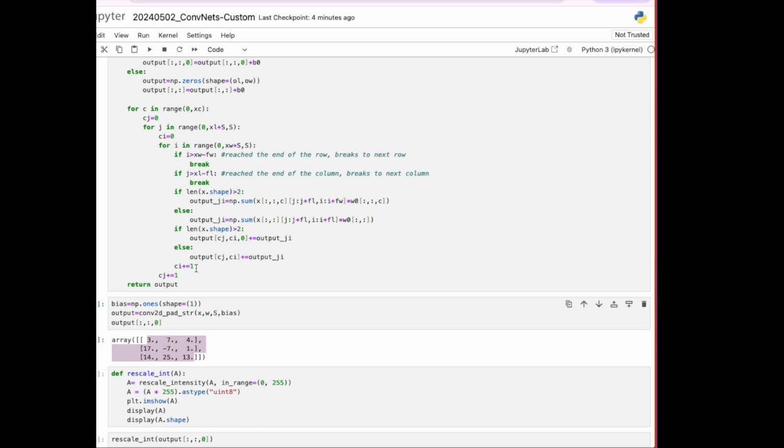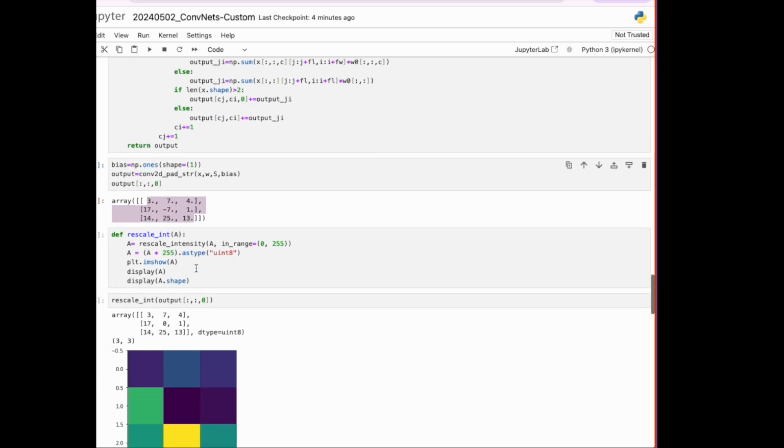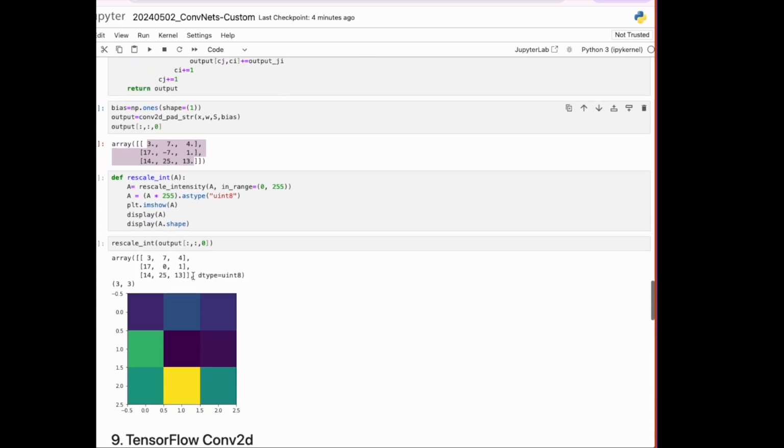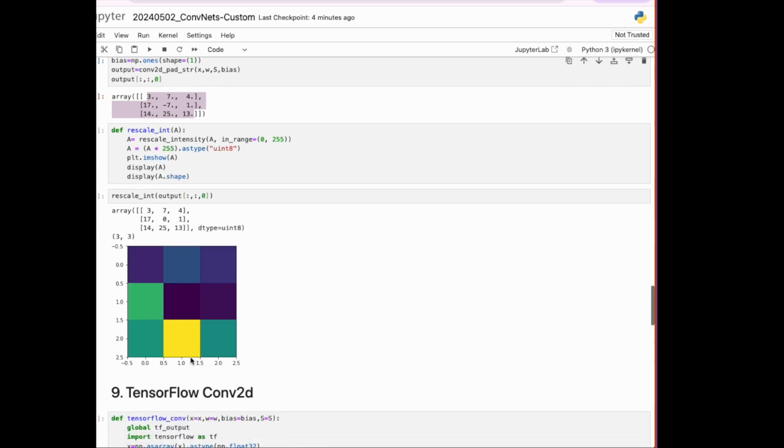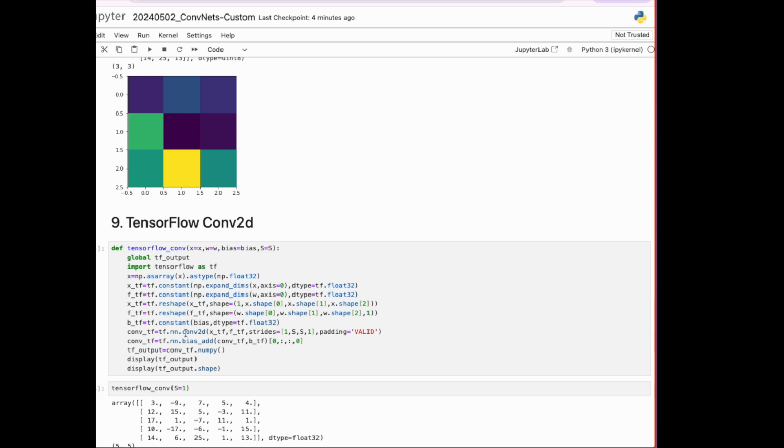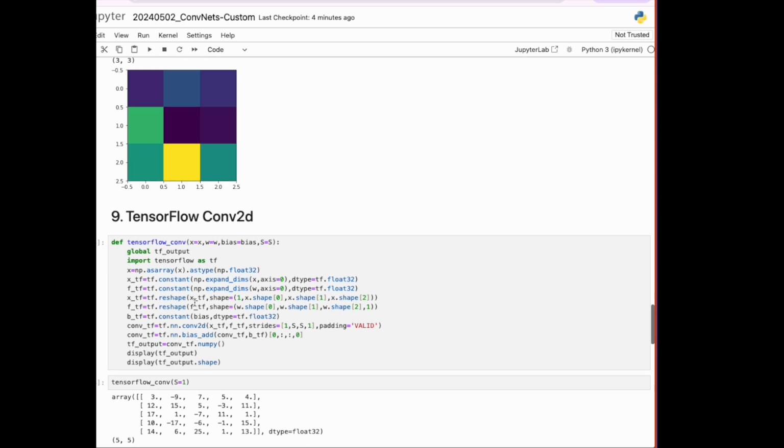This has done what we have done with our fingers and piece of paper. So this is the result of our convolution in TensorFlow. That's the same, just way faster.